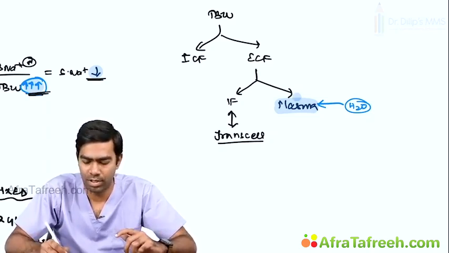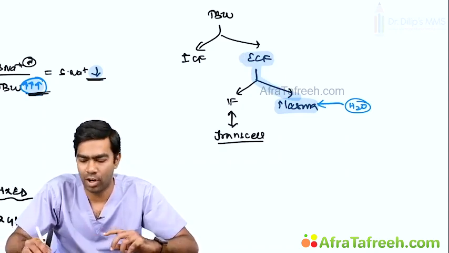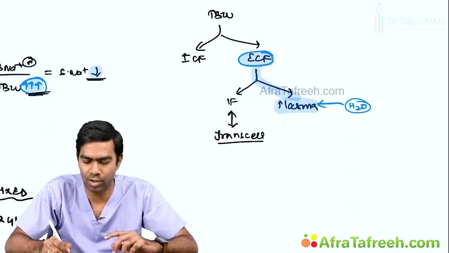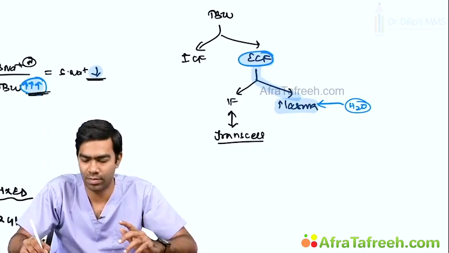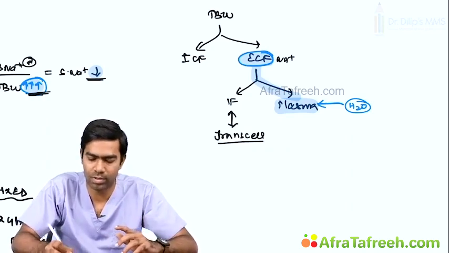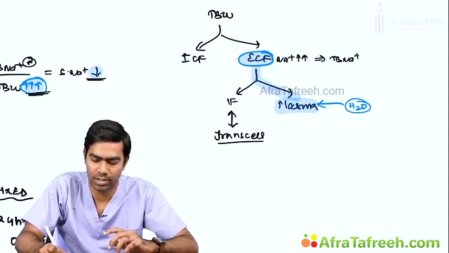So remember, this plasma is a component of extracellular fluid. And in order for this extracellular fluid to retain this water in the ECF itself, they need sodium, which means the sodium should be high in the ECF, which means the total body sodium should be high.